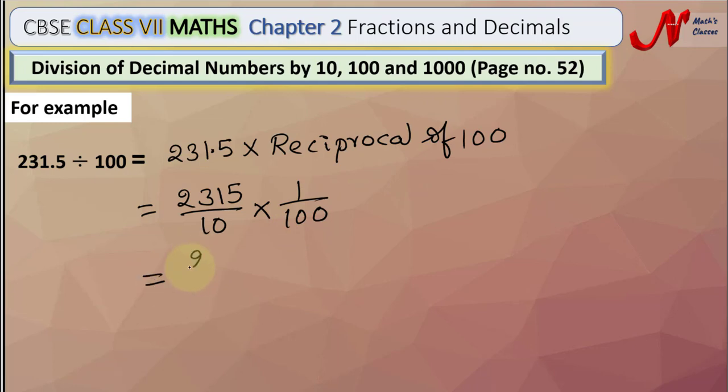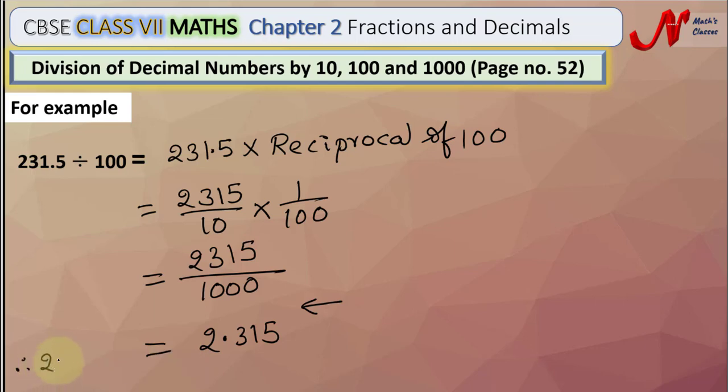So we get 2315 by 10 into 100, which means we get 1000. In the denominator we have 3 zeros, so in the final result we keep the decimal point from right to left after 3 digits, so we get 2.315. Therefore we can write 231.5 divided by 100 is equal to 2.315.